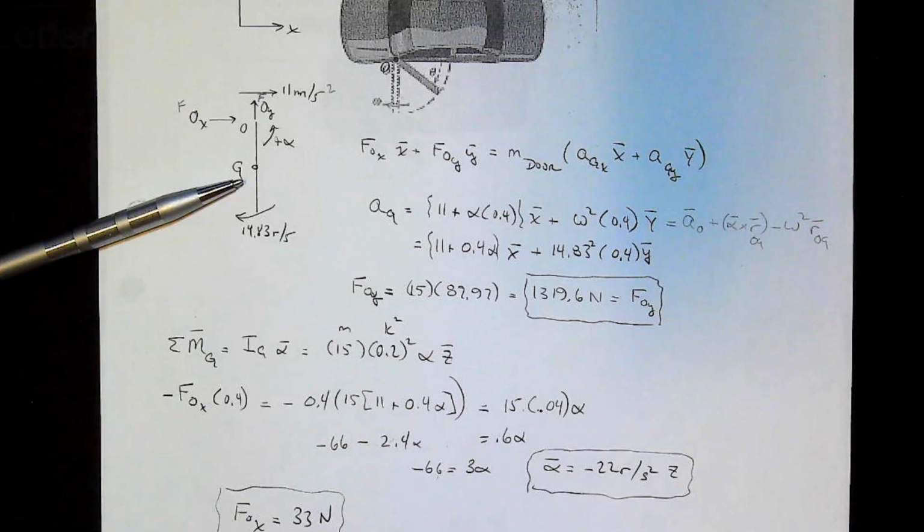Well, what I'd like to do is just get this down to one unknown. So I can replace F_x, right, with this term here. Mass times 11 plus 0.4 alpha. So I'm replacing F_x with mass times acceleration. That leaves me with one unknown, and I can solve for alpha.